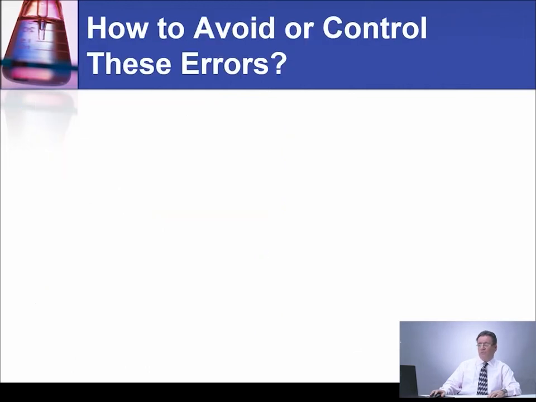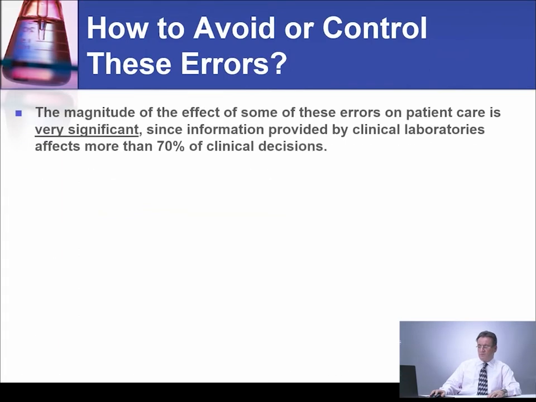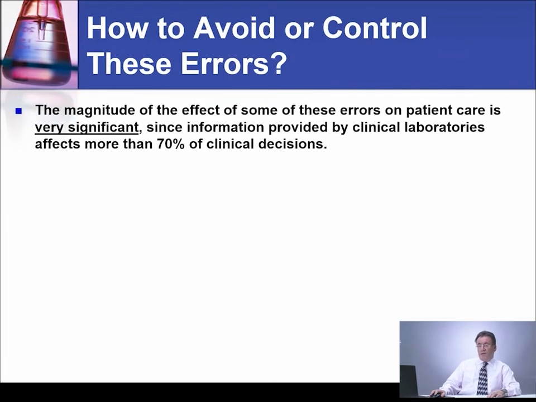Now, how do you avoid or control these errors? The magnitude of the effect of some of these errors on patient care is very significant, since information provided by the clinical laboratories affects more than 70% of the clinical decisions. In other words, the doctors depend 70% of the time on a lab test in order to treat a patient.